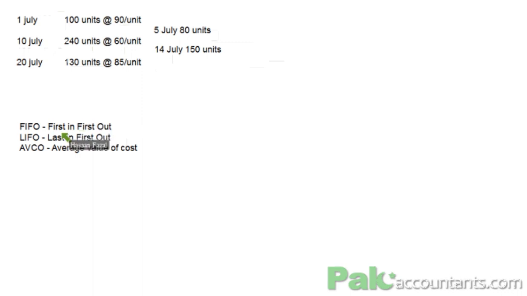In first in, first out, as the name is suggesting, whatever comes in first will be issued to the production hall first. And then if you need more, then you will be taking the units from whatever you have afterwards, or in the latest, or whatever comes after that.